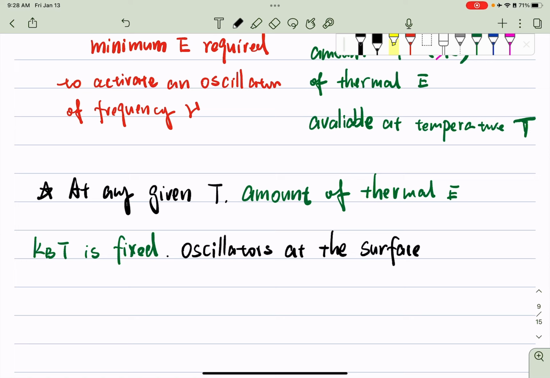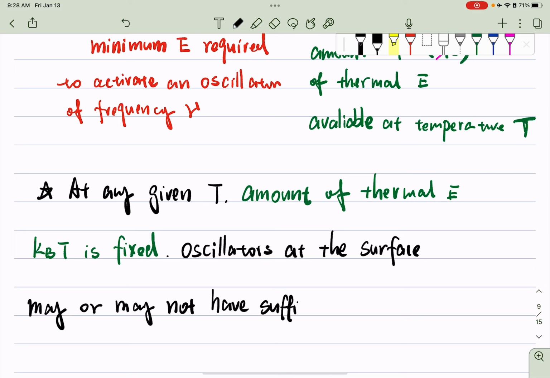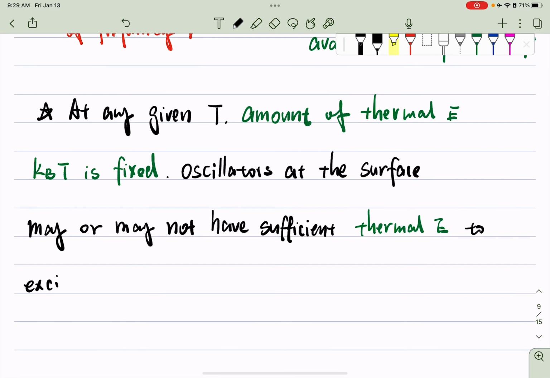These oscillators may or may not have sufficient thermal energy to excite to high frequency, to higher energy levels.